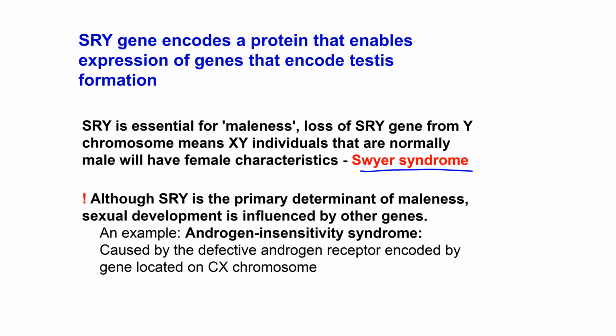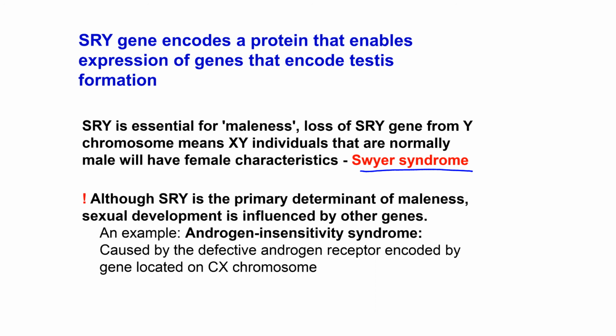Another very rare syndrome might occur when the SRY gene is translocated onto an autosome. In such a case, the individual who inherits this autosome carrying the SRY gene will develop into male if the translocated SRY gene is functional, even though that person might contain XX chromosomes.